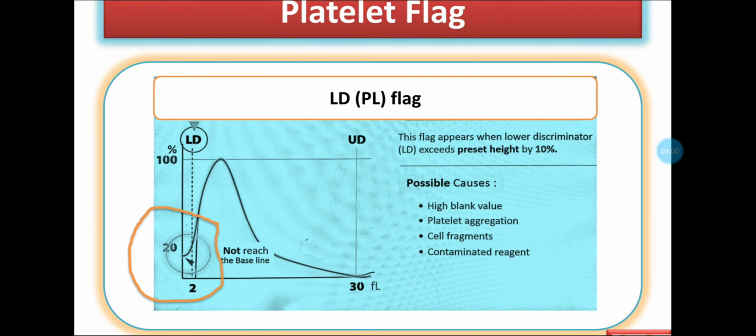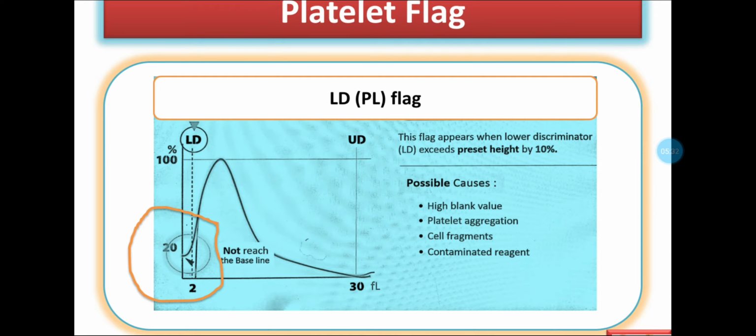Now let us go through the platelet flags. There are two important flags usually. One is called the PL flag or LD flag, also called the lower discriminator. Here you can see in the graph that the platelet curve is not starting from the baseline. As you can see in the encircled region, it starts slightly above the x-axis. This flag appears when the lower discriminator exceeds the preset height by 10%.